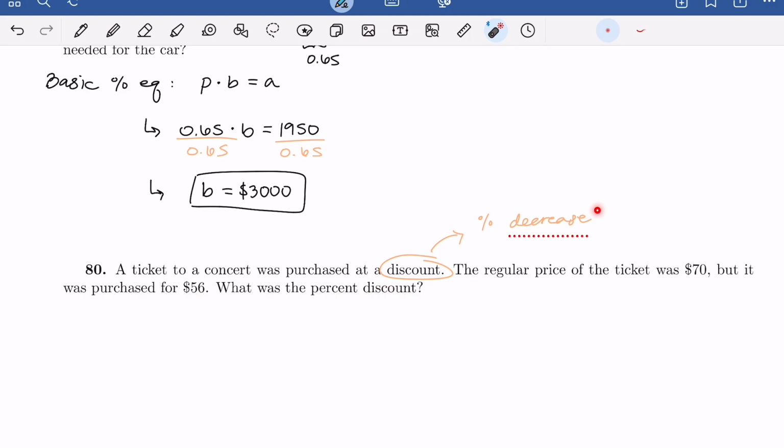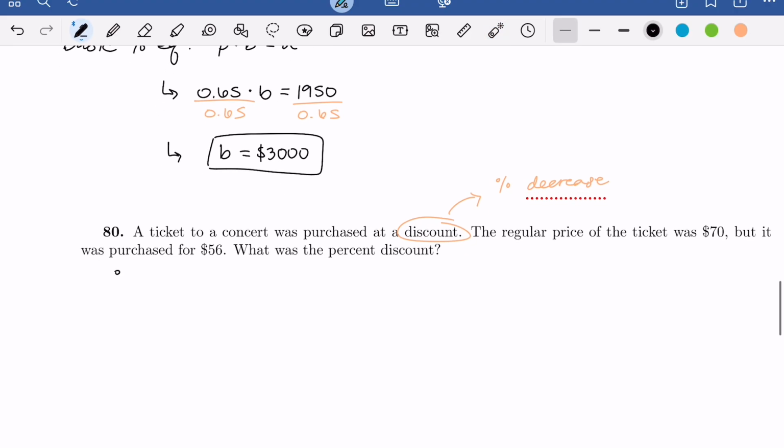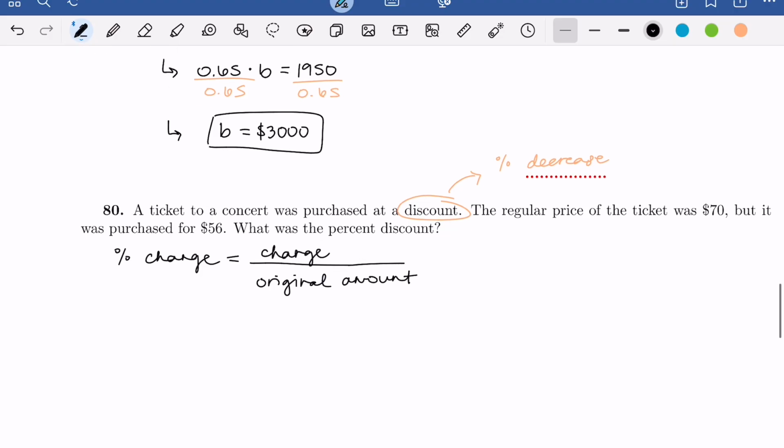Now, whenever we're dealing with a percent increase or decrease, we can use our percent change formula. This is also given in our textbook. Our percent change is going to be the actual change over the original amount. What we're trying to find is the change between our original and our new values, which are $70 and $56.